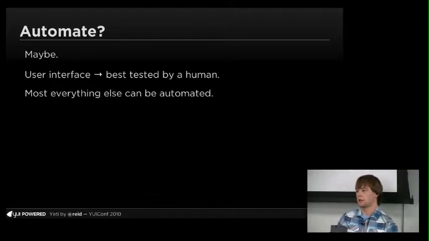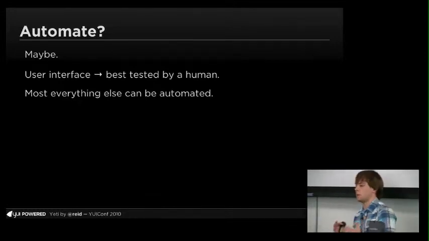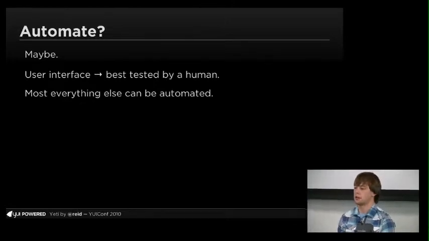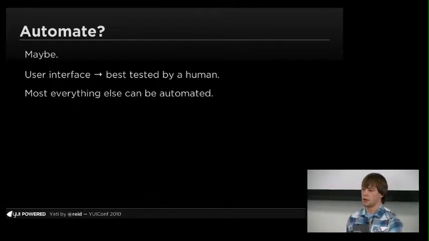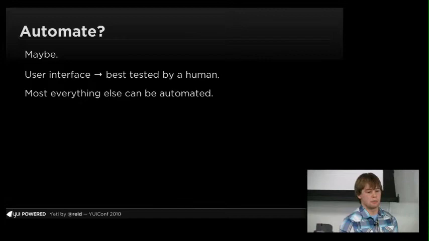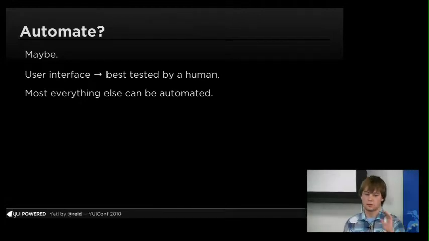You can automate a lot of it if you're making your JavaScript application correctly. But say user interface stuff like widgets, you can't write a test to tell you that your color scheme looks bad. That's stuff that you're going to have to test with a human, right? You're going to have to actually sit in front of a computer and deal with that. But most everything else can be automated. And I'm not done with this topic yet.